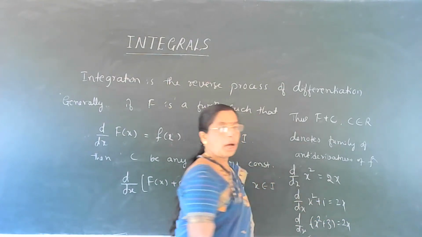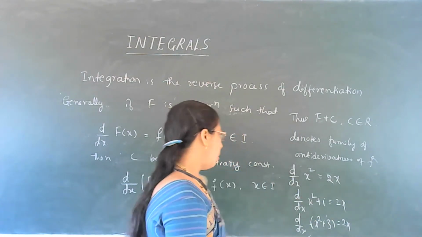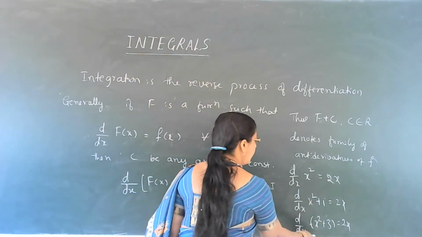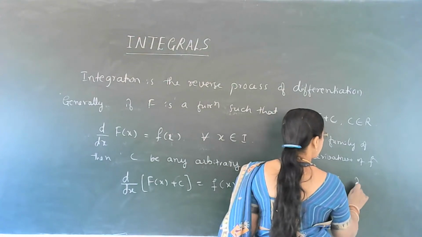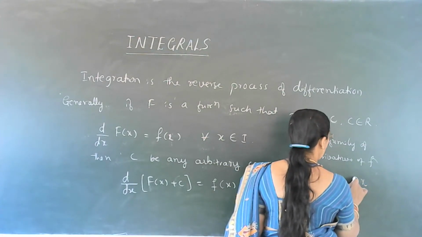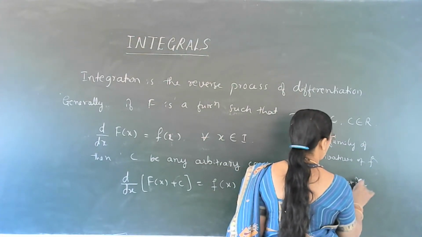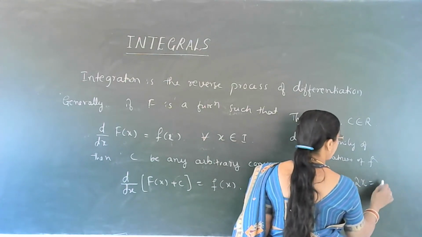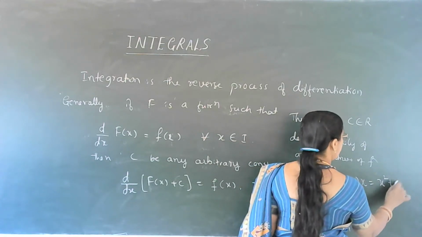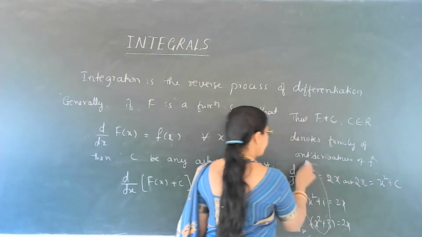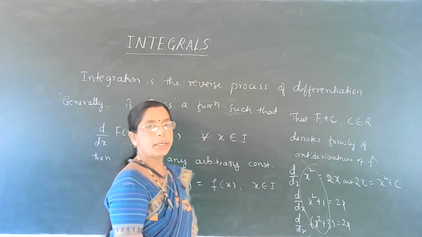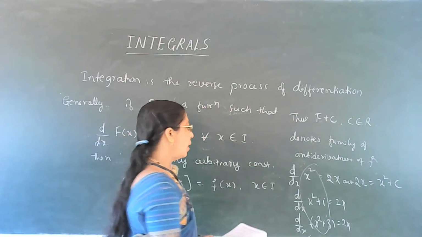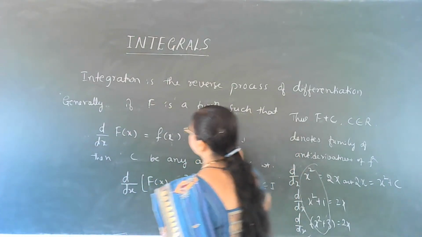Here 1, 3 are the arbitrary constants, but we should always write the antiderivative of 2x as x square plus c, because this denotes the family of antiderivatives.